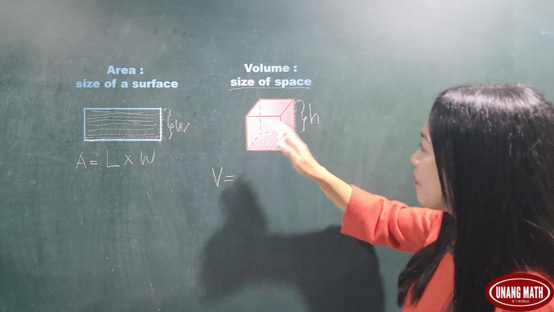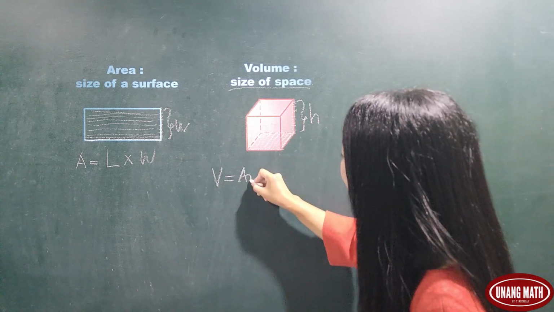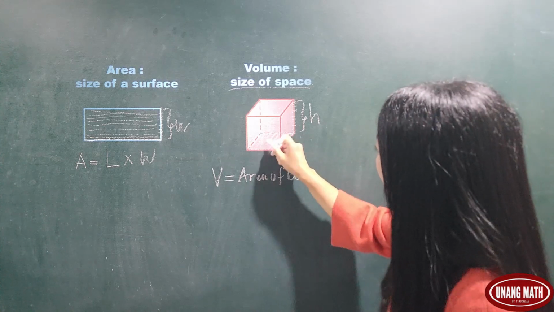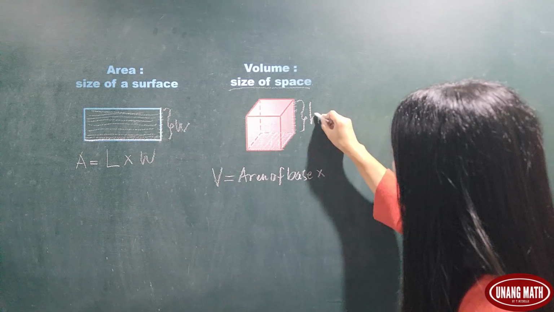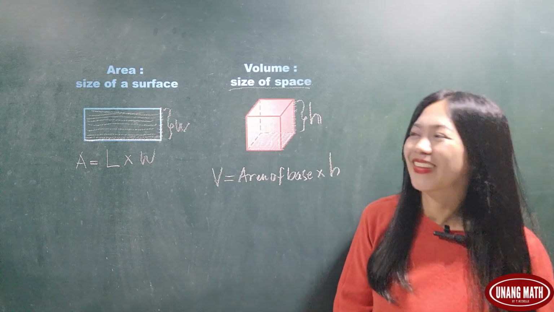So volume of a prism, that would be equal to the area of the base times how many layers, or the height of the prism.